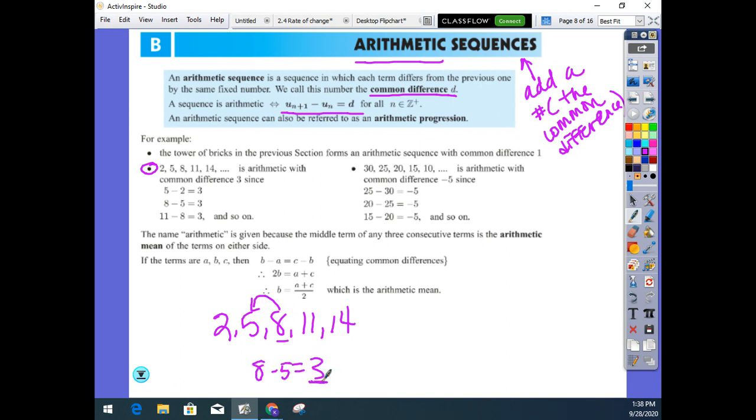That's why 3 is called the common difference, because I'm going to add 3 each time. But to find that number, we'd always take one number and subtract the previous number to find the difference is 3. But it's arithmetic because what we're doing every time, plus 3, plus 3, plus 3, plus 3. You find that number, though, by taking one number and subtracting the previous. And then you know your number every time.